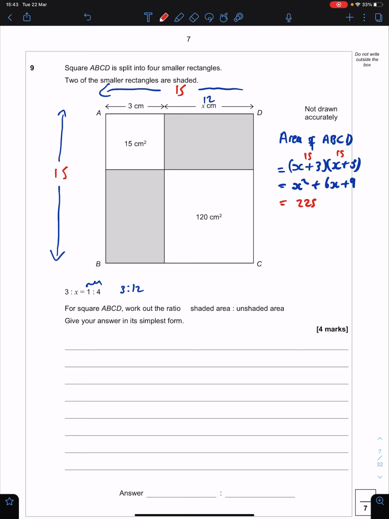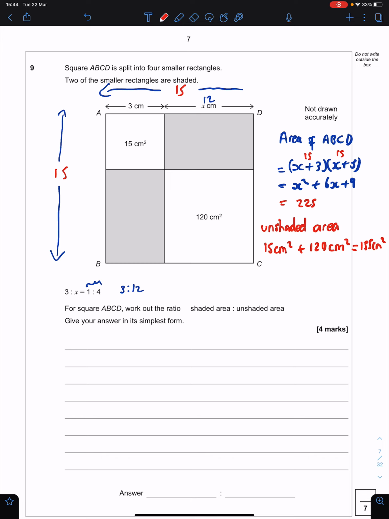In fact, if we know that, we also know the area of the unshaded bit because they've given it to us. So the unshaded area is going to be equal to 15 centimeters squared plus 120 centimeters squared, which is 135 centimeters squared.